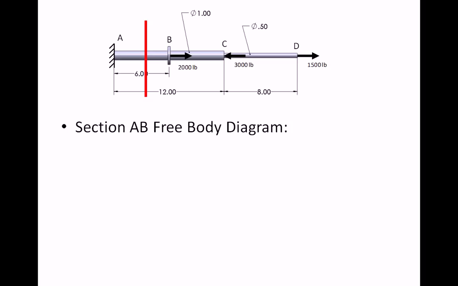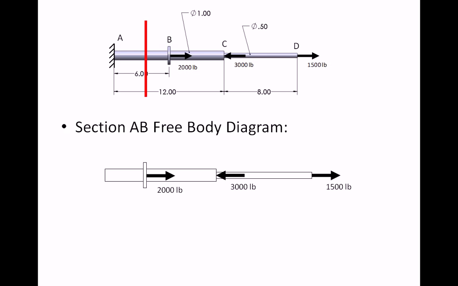Now, if we look at everything to the right of the cut, we don't even have to mess with the reaction force at point A. So we draw everything to the right of that cut, including all the loads that are applied. And of course, if the total structure is in equilibrium, this segment has to be in equilibrium.